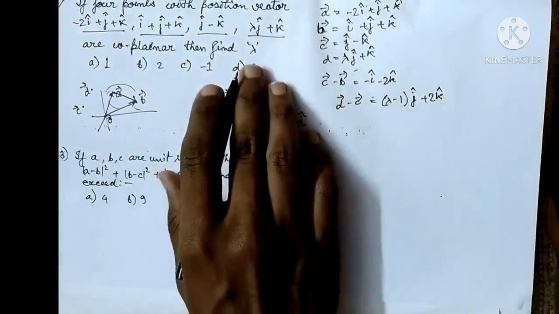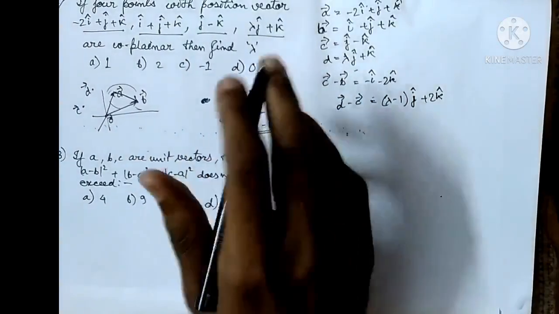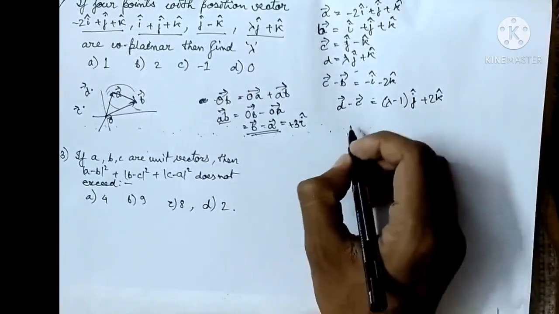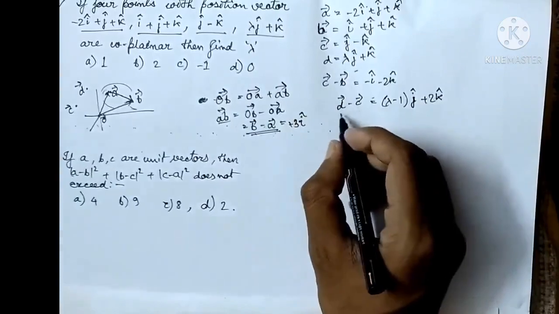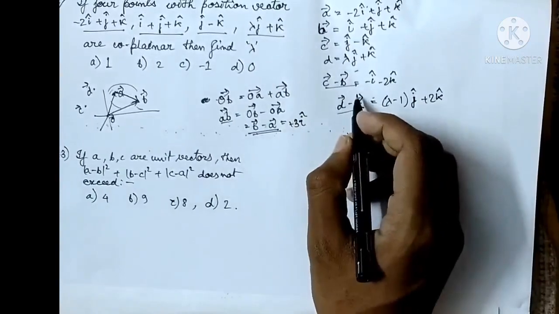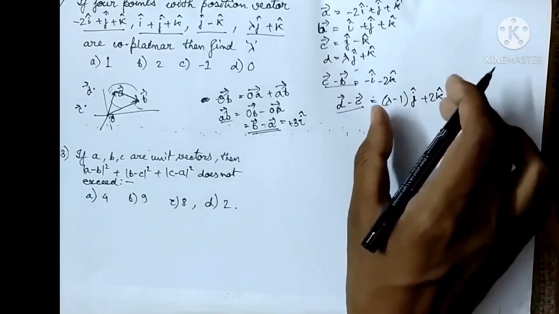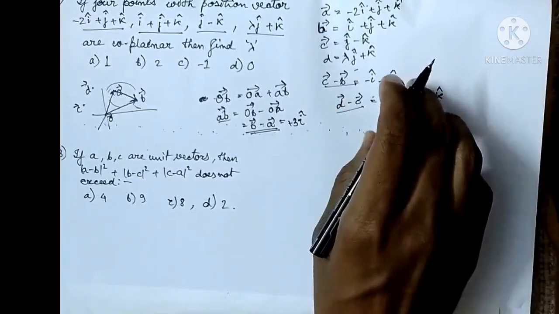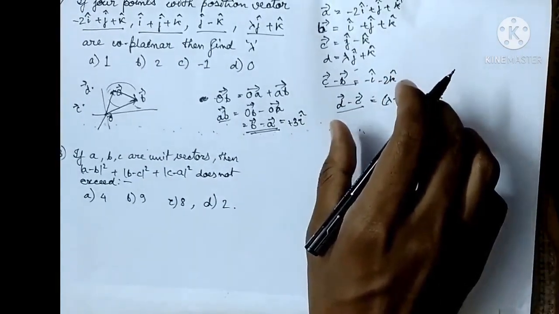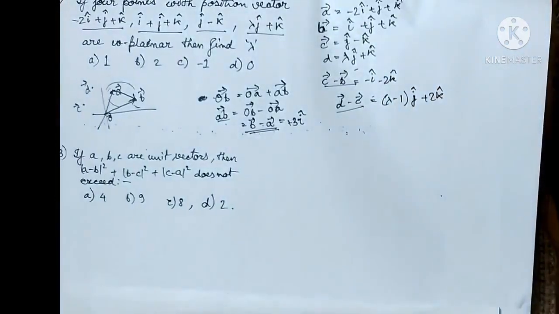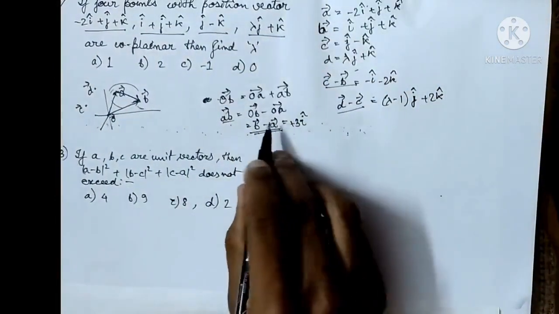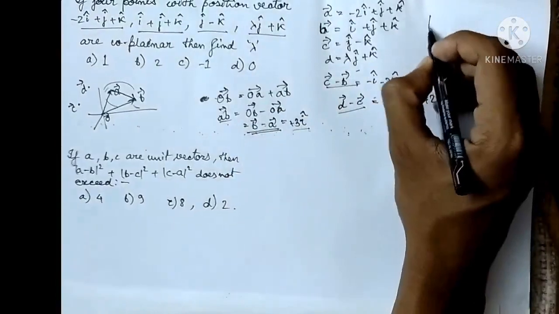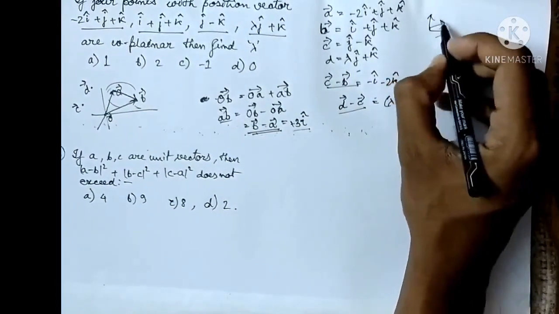Let's say we are not doing determinants, since you might not understand it the first time. We do a cross product of this one and this one, then a scalar product again with this one, and the term must be 0, because these all lie in the same plane.